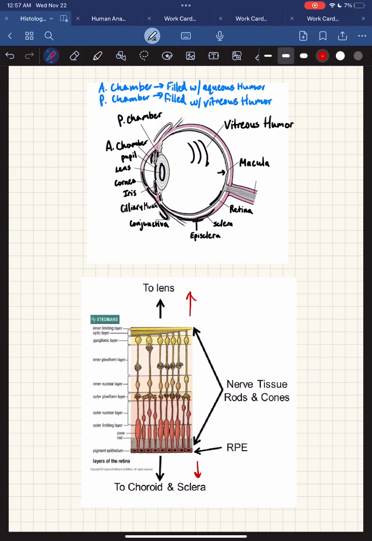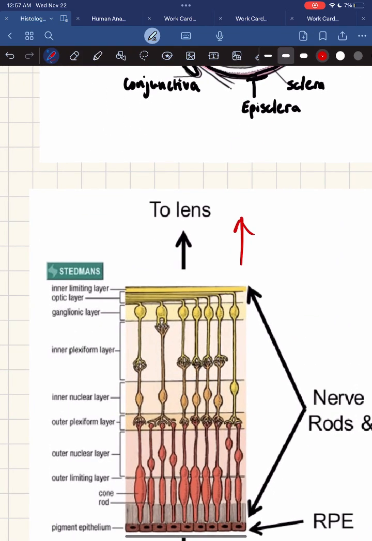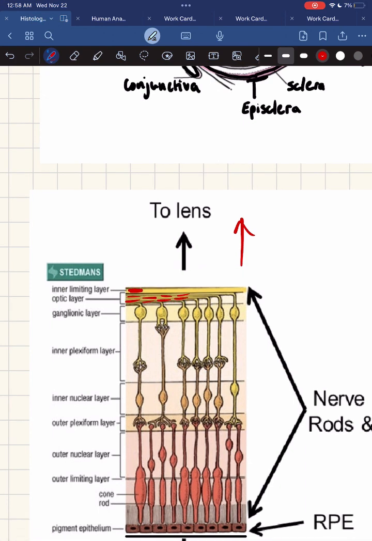You can see this portion right here is going to be the limiting layer. You've got the optic layer. You can tell it's a nerve layer because you can see the strands kind of bundling up. Each of these circles, they're cells, they're the ganglion cells, so you can tell that that's going to be the ganglionic layer.